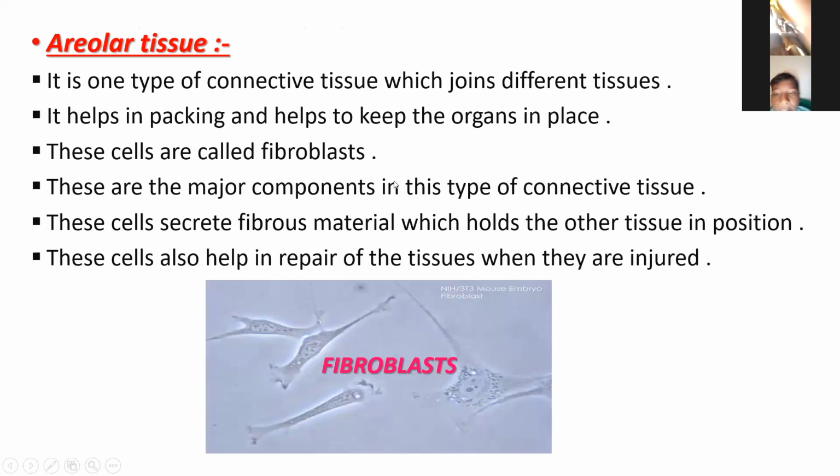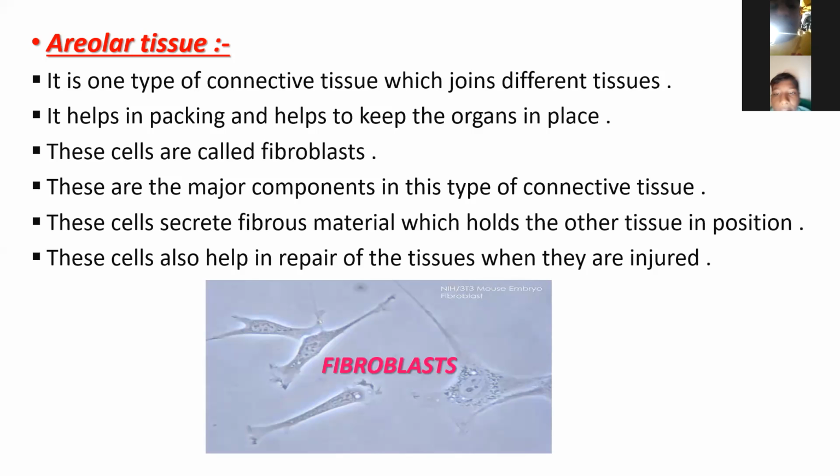Next, first, areolar tissue. It is one type of connective tissue. It joins different tissues.